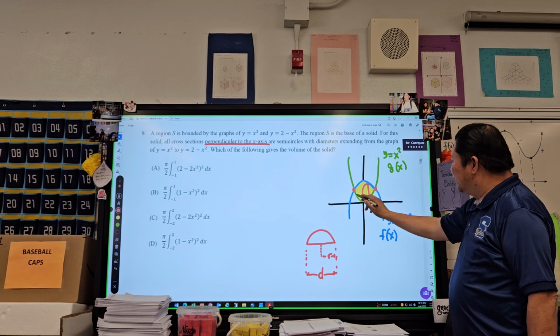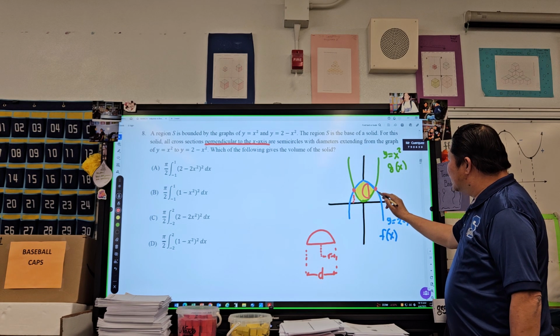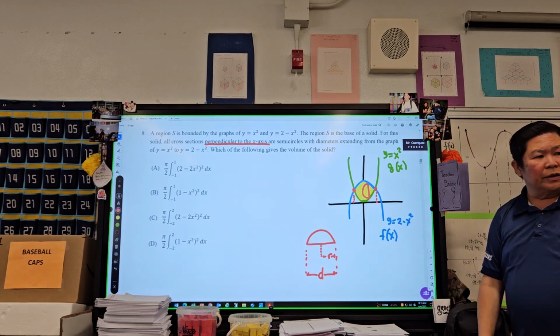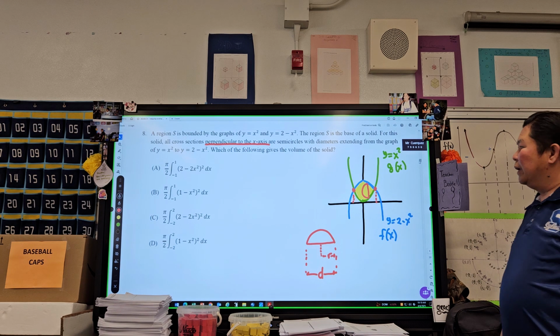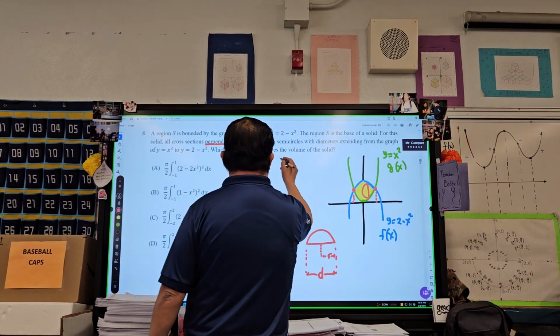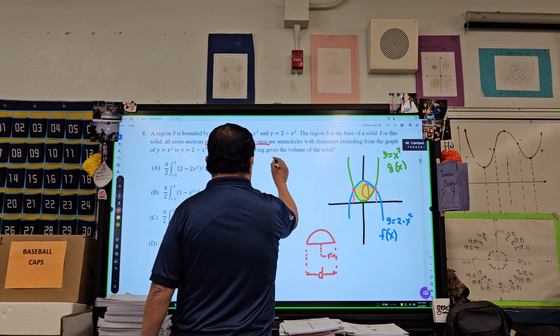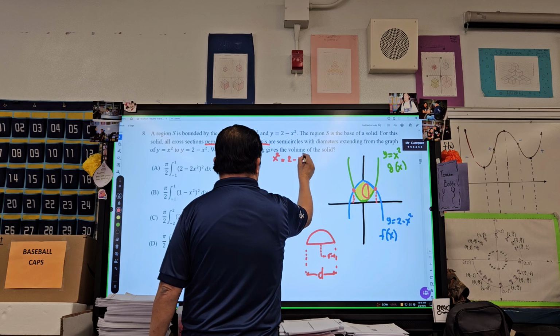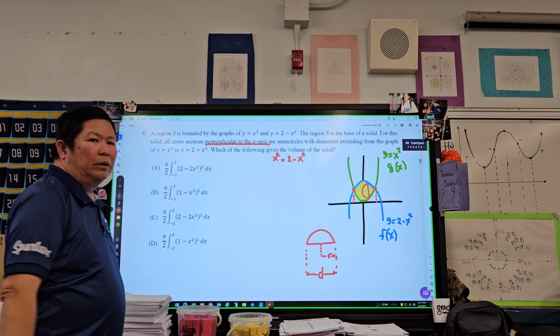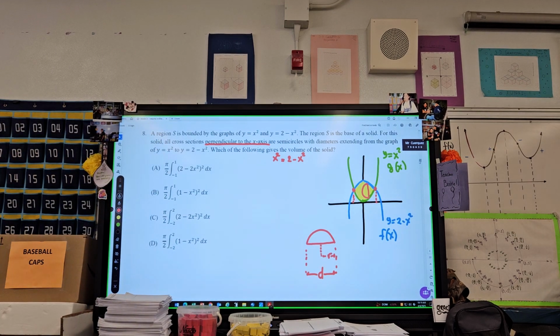So what to do to solve for the intersection? We equate each other. So equating this, x squared is equal to 2 minus x squared. Move the negative x squared to the left side.